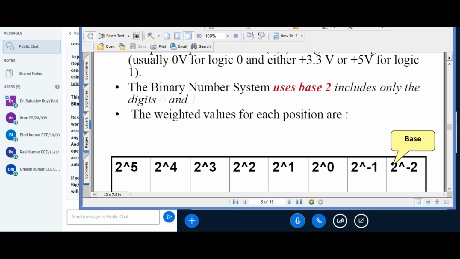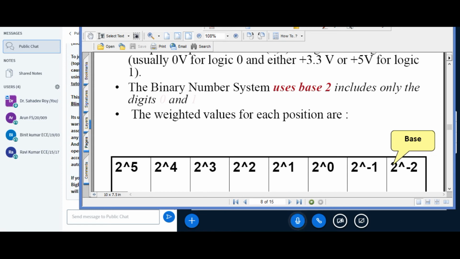Positional weight means the value of that position. If I ask what is the positional weight of position 3, we calculate the position from this point.